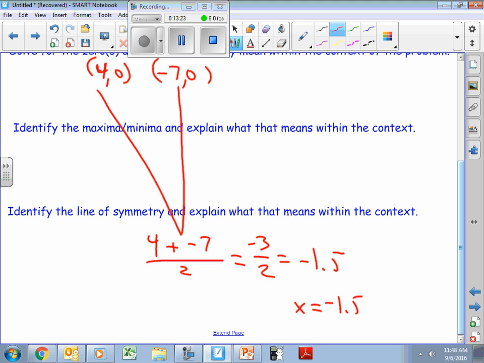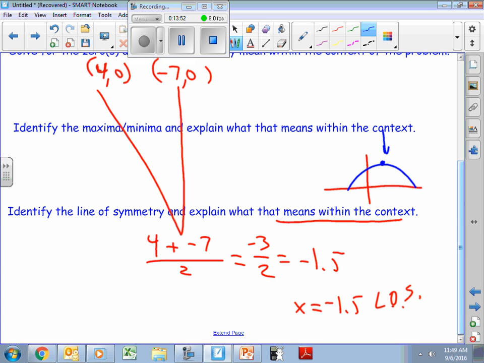This is where I'm going to give some 4s. Let me talk about the 4s. What does the line of symmetry mean in context? It's where you change directions. In this case, where the picture is curving, your line of symmetry is where it changes from going up to going down.